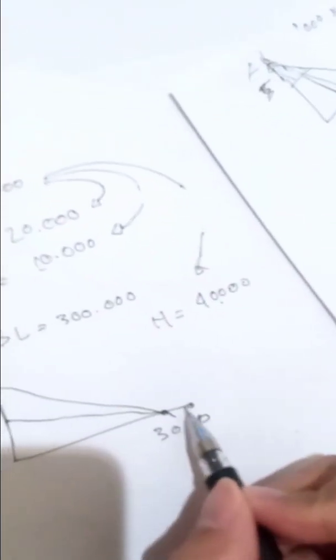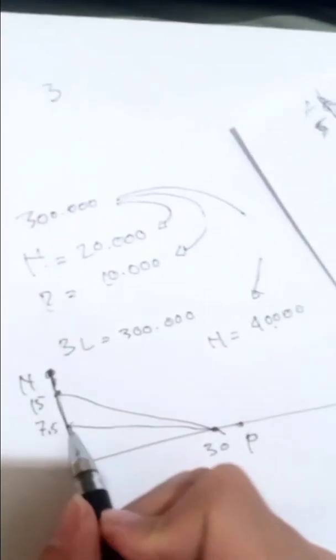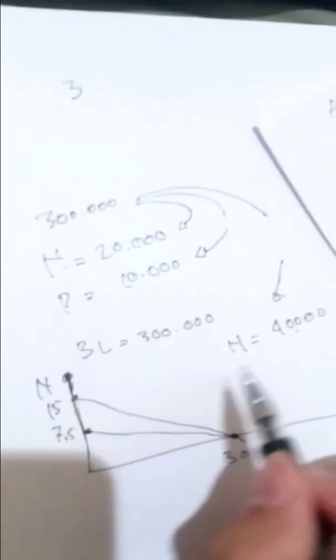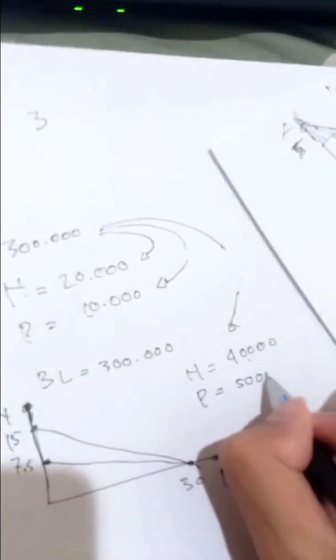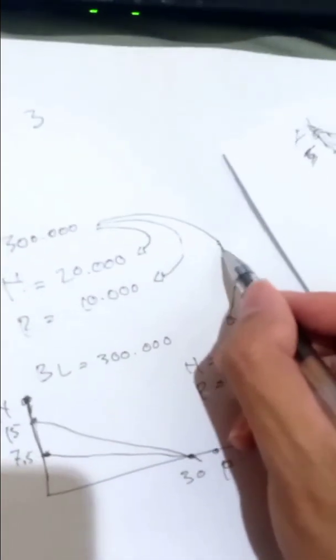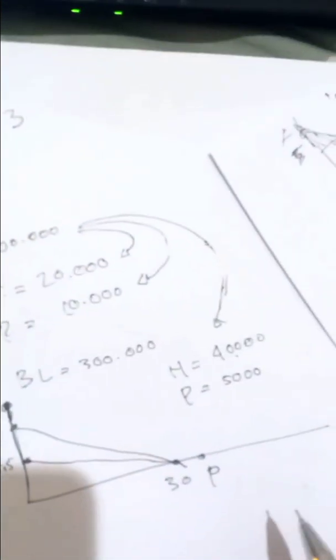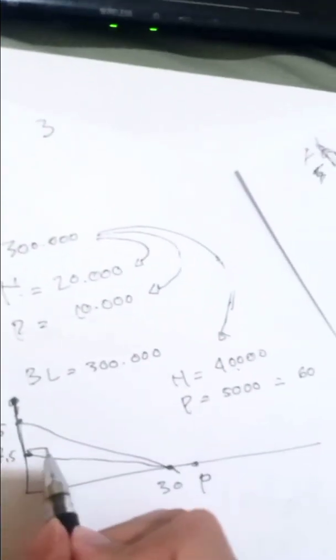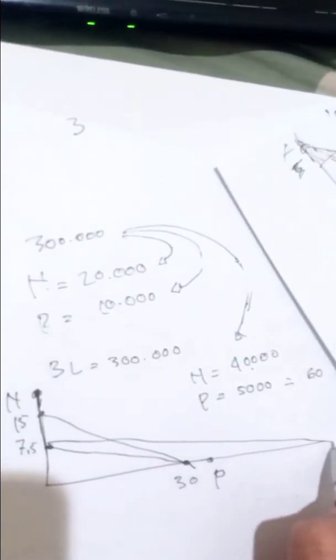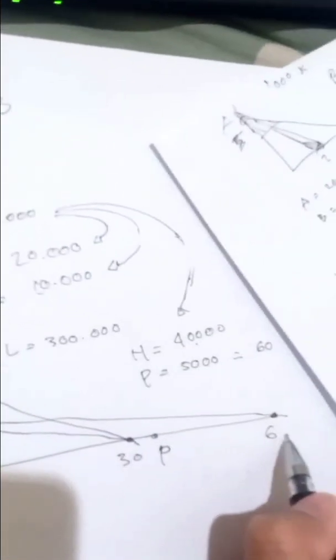From this one, if the price of pen becomes 5,000 only, it will be 60 pens. So the budget line will be like this one. This is the price of pen.